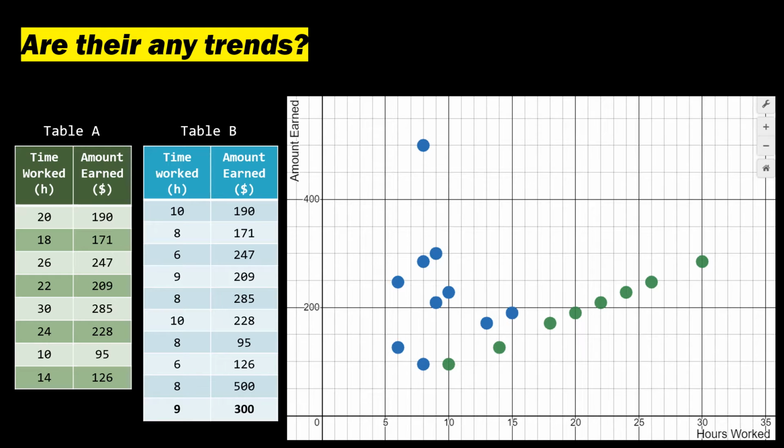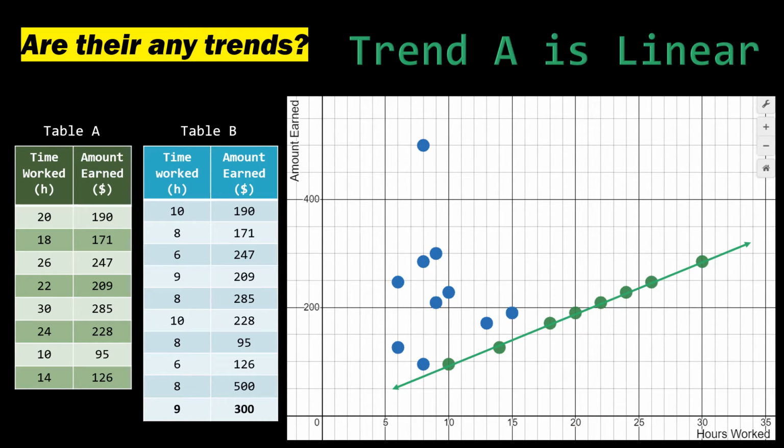As you might have guessed, looking at table A and the green graph, you can see a nice linear relationship. And what makes that special is that because we can see that linear relationship, it helps us make predictions about other values that Neil might have worked. You can see here for the blue table, all the data is very random.